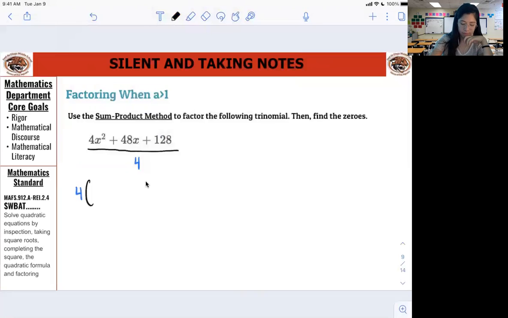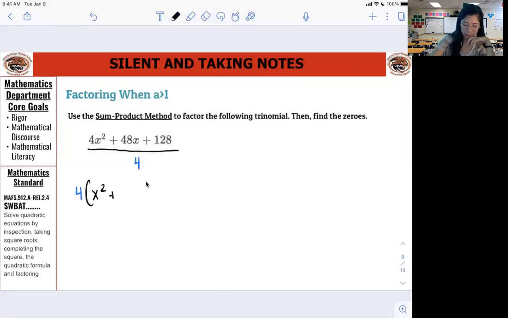X squared. What's 48 divided by 4? Anyone? 48 divided by 4? 12, good.